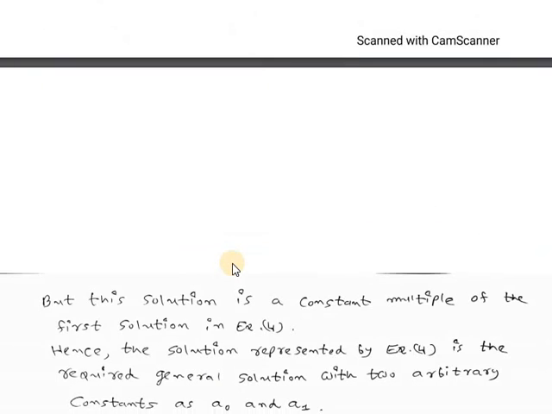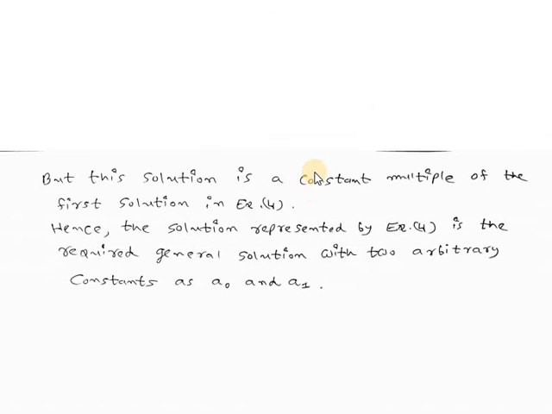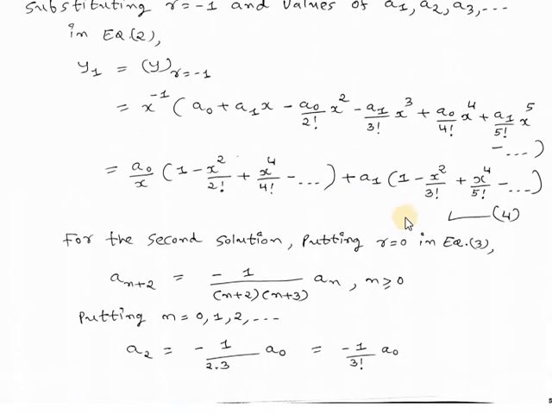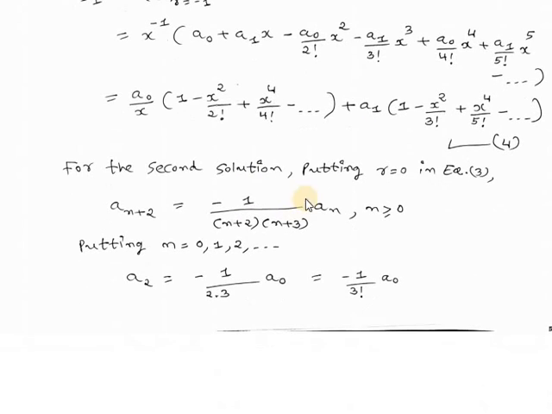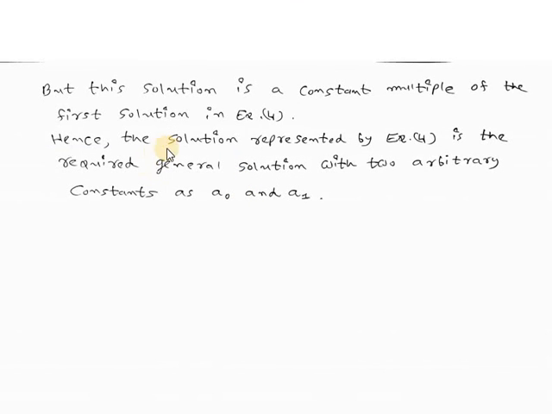But this solution is a constant multiple of the first solution that we have obtained in equation number 4. So what is equation number 4? This is equation number 4. This is our first solution. So the second solution is a multiple of the first solution. Therefore, the solution represented by equation 4 is the required general solution with two arbitrary constants a0 and a1.